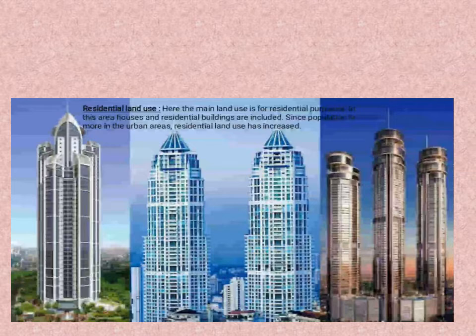Since population is more in the urban areas, residential land use has increased horizontally. Once again I'll repeat, residential land use has increased horizontally as well as vertically, students. You can see big storey tower buildings.